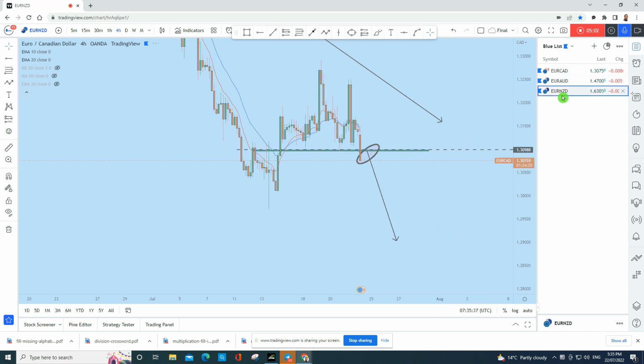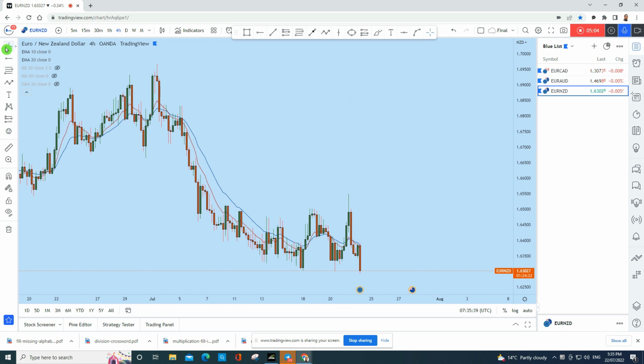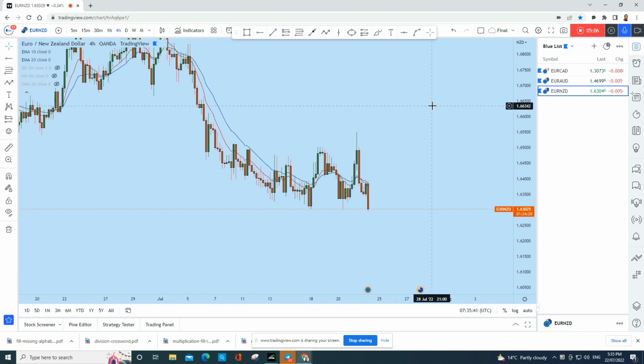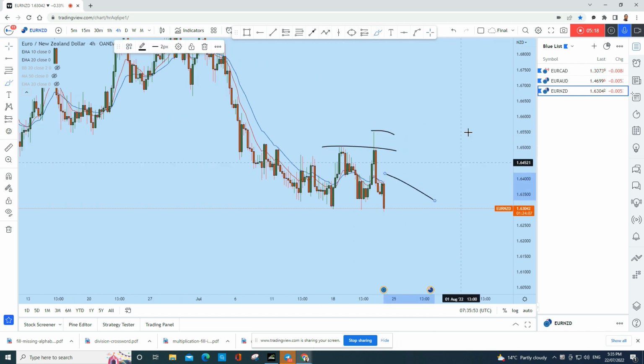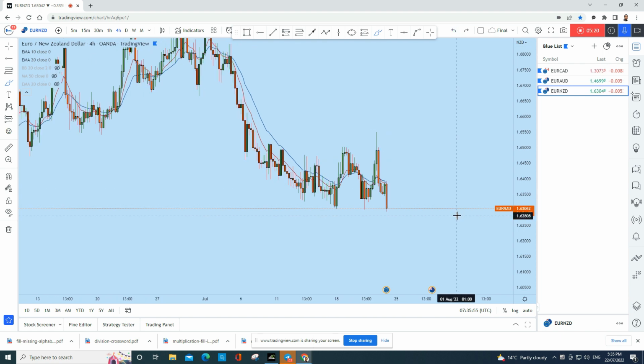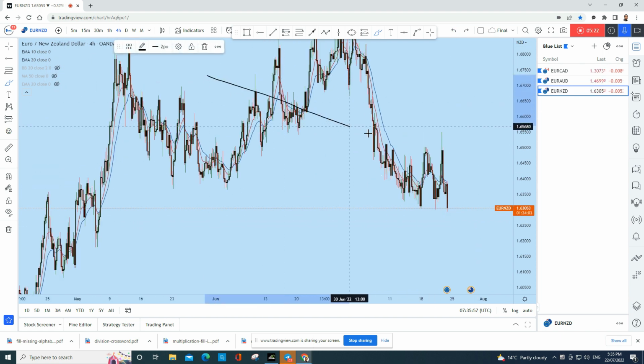Now let's look at Euro NZD. As you know, we'll go for only one, which is giving the highest probability trade setup. But on Euro NZD, you can see a similar kind of pattern, a little bit different, but the same kind of price action. We can see a possible head and shoulder on the 4-hour time frame, and this is a long term bearish market.